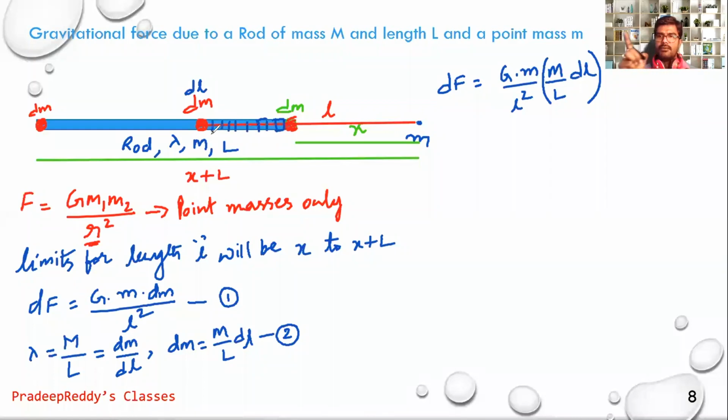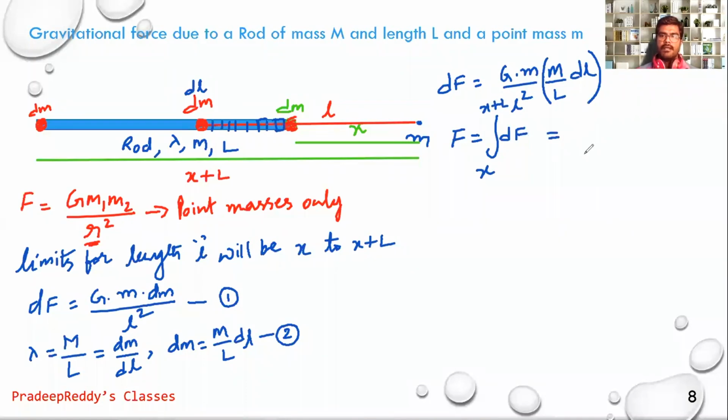The rod is divided into very small elements, and I will calculate the dF value for each element and add them. If I add them, it is nothing but integration, so I'll simply integrate this in order to calculate the net force within the limits x to x plus capital L.